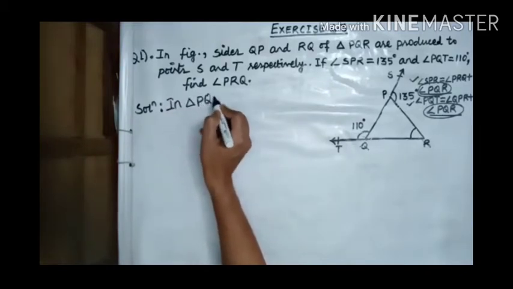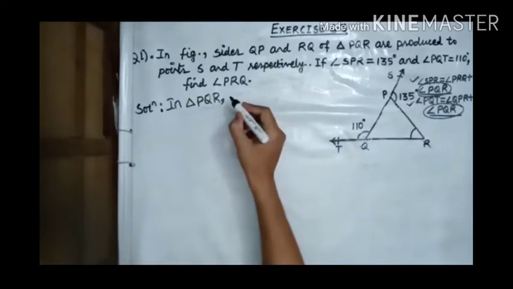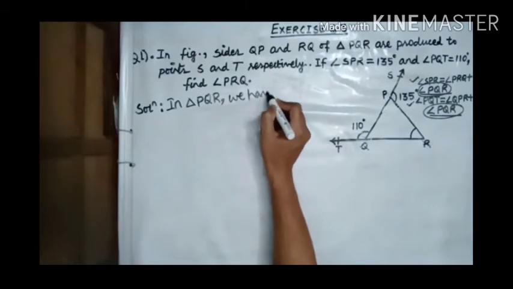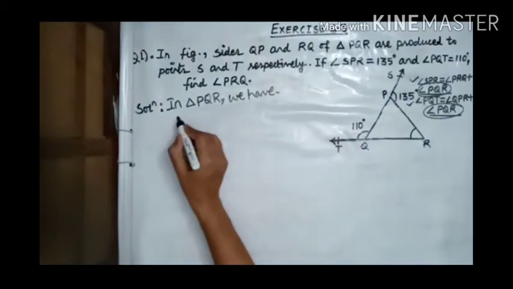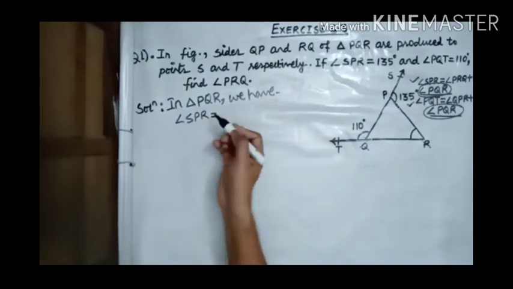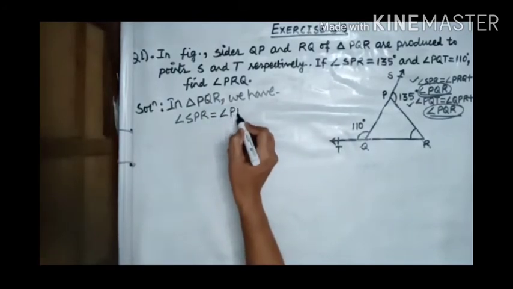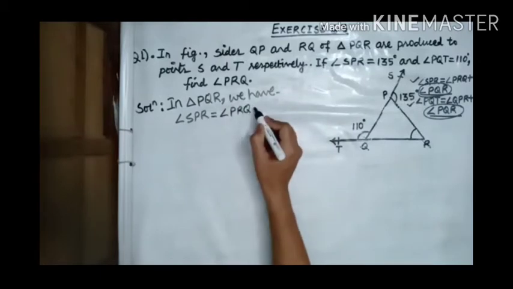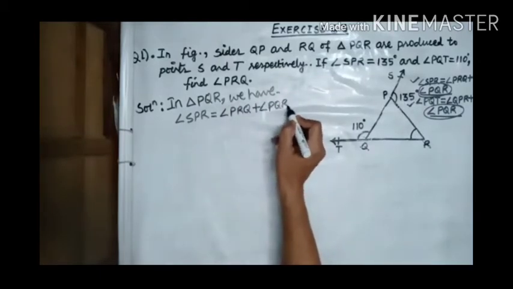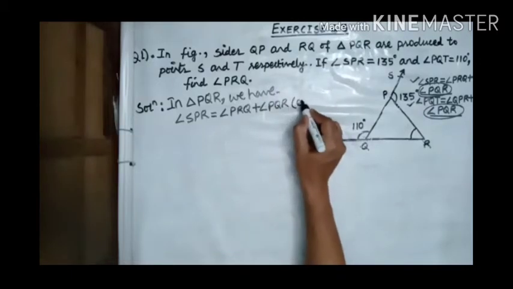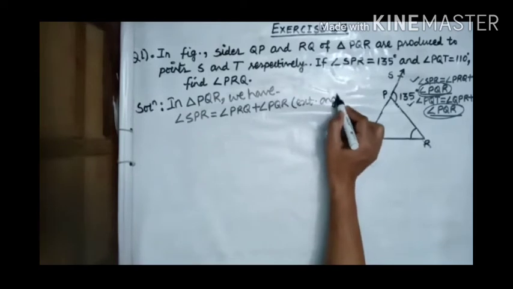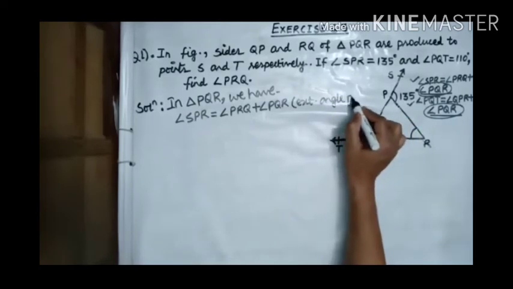PQR, we have angle SPR equals angle PRQ plus angle PQR. Reason: exterior angle property.